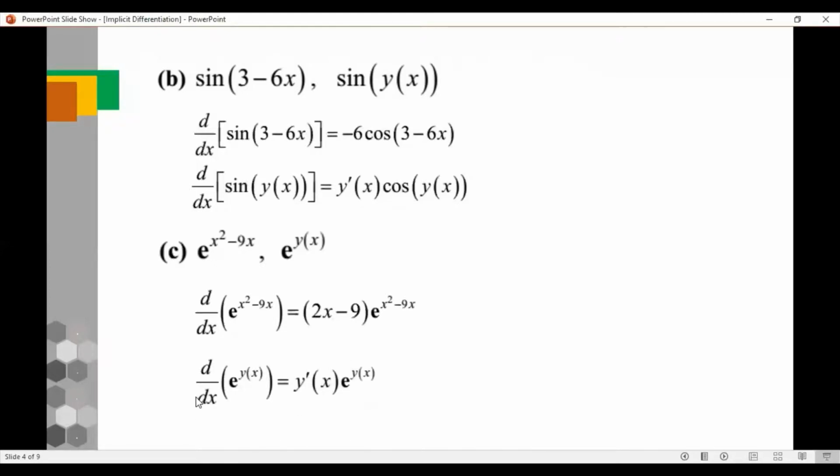Next, the derivative of e to the y of x with respect to x is equal to e to the y of x times the derivative of y of x, or y prime of x.